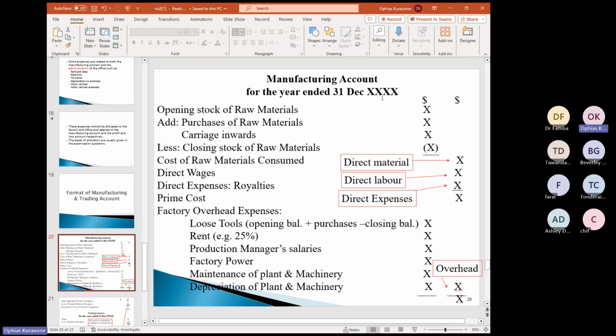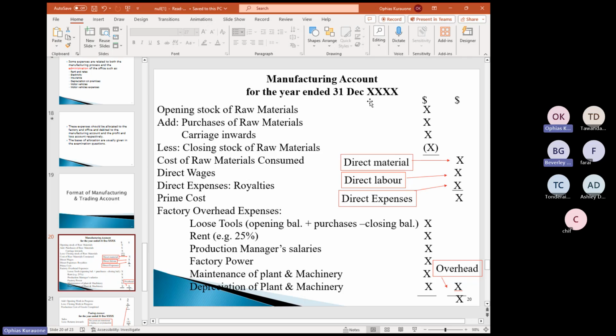Let's look at the manufacturing account here. It's just a format. What you need to do is look at the opening stock of raw materials.